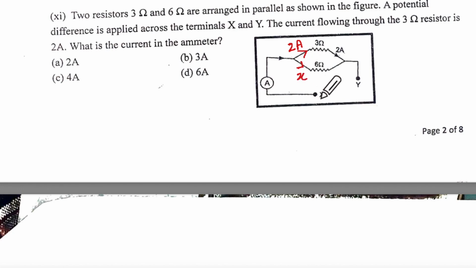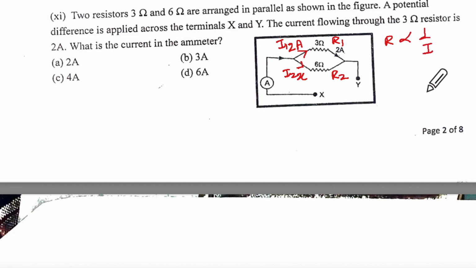Okay, so I just know one thing, that higher the resistance, lesser the current, lesser the resistance, higher the current. So if I call this as R1 and this as R2, then this becomes my I1 and this becomes my I2. Agreed? So R is inversely proportional to the current.